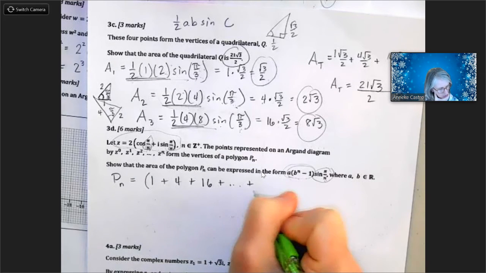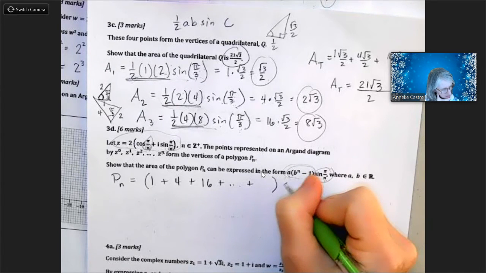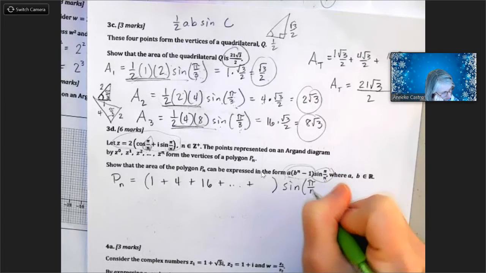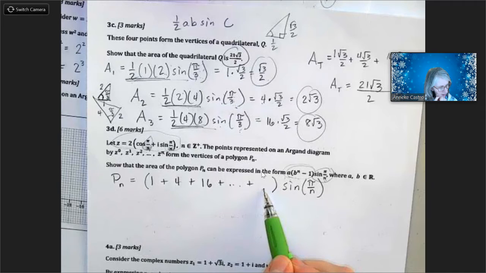What number would be the nth term? That's what we've got to figure out. And that's all going to be times sine of pi over n, because every single one of these, whatever term we're going up to, is going to be a sine of pi over n.